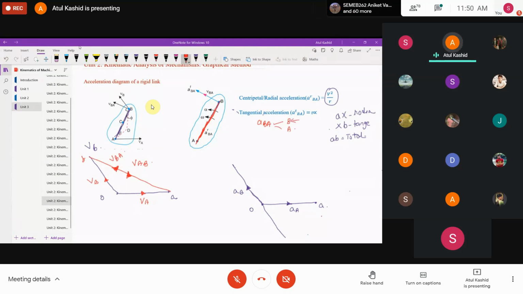Point B is not available, but point A is available over here. So when I'm telling acceleration of B with respect to A, and I have point A in my diagram, I'm going to consider point A as the center of rotation.